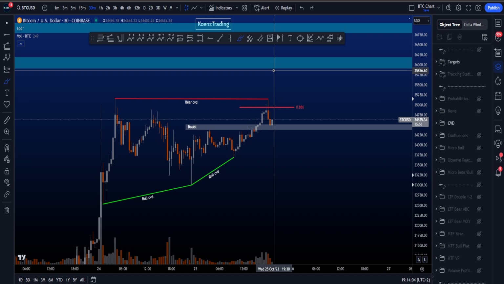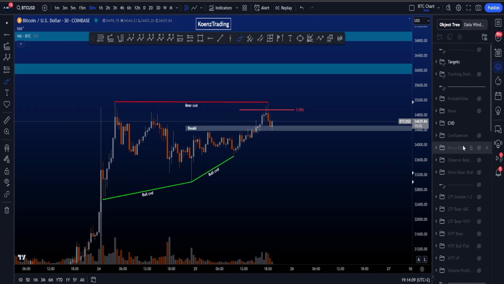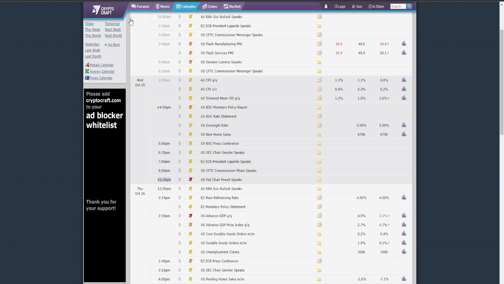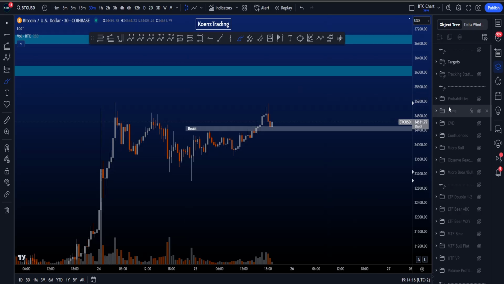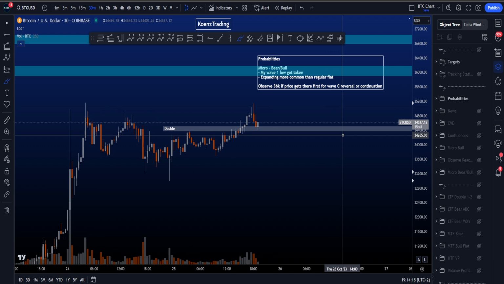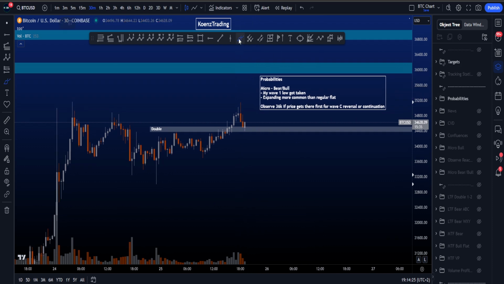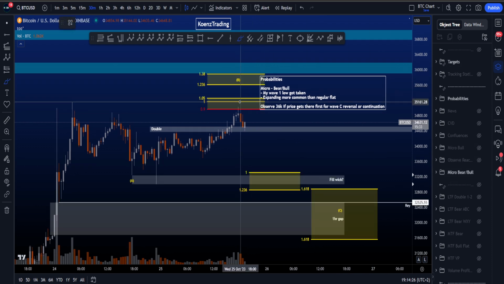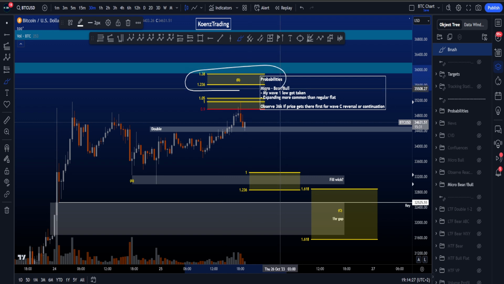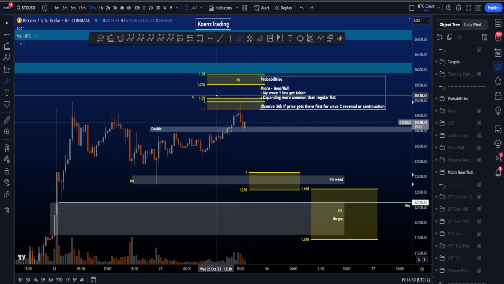So in general, trading with the trend, probabilities are higher for continuation up, right? Now we do have news coming tonight, 10:35 p.m. Central European time, so make sure you trade safe, as volatility might be a thing. And if you then look at the probabilities of the scenarios that I showed you, then currently probabilities are still higher for the bearish/bullish scenario, where we are looking at an expanding flat, which usually has a bit higher probabilities compared to a regular flat.